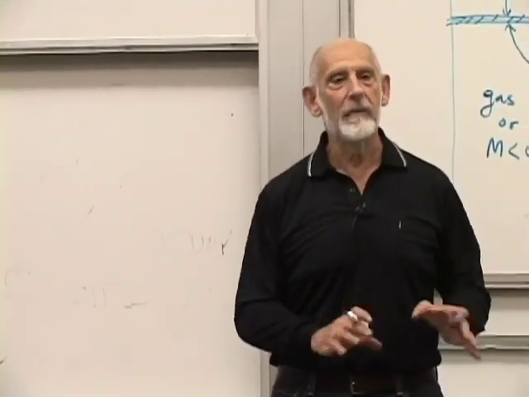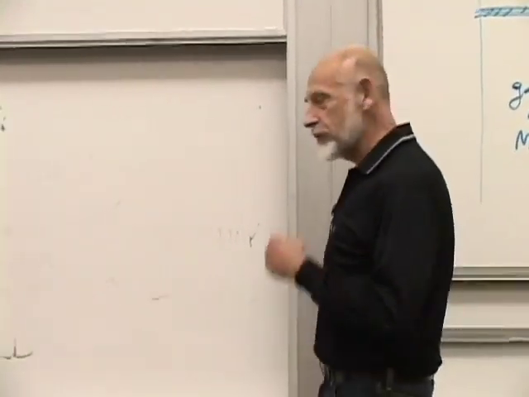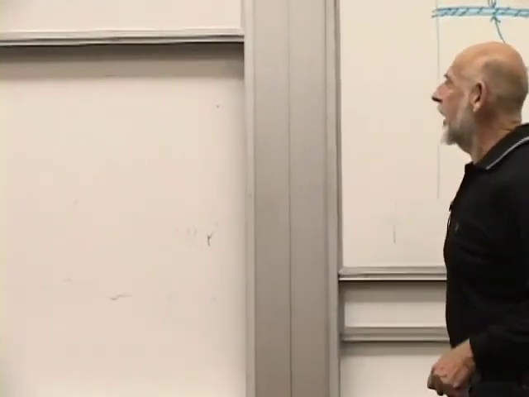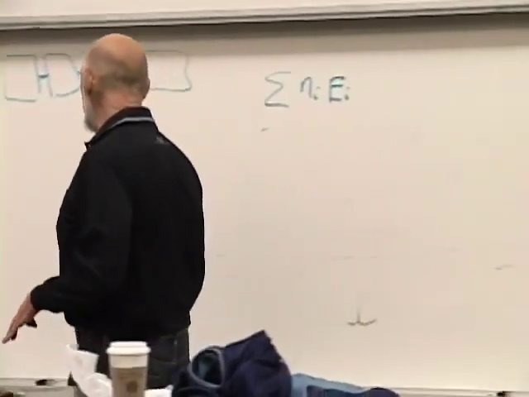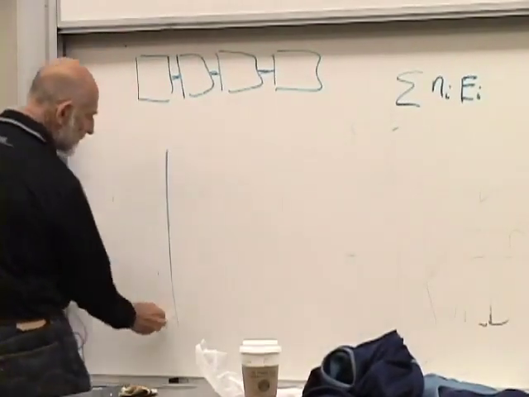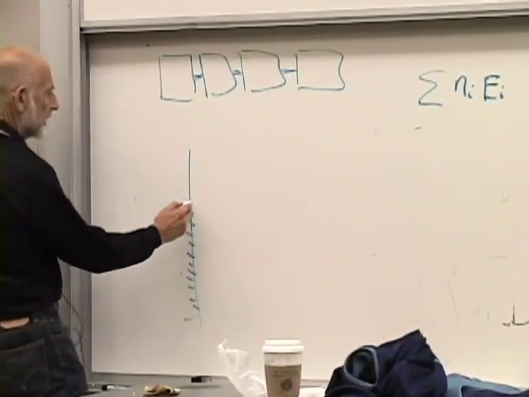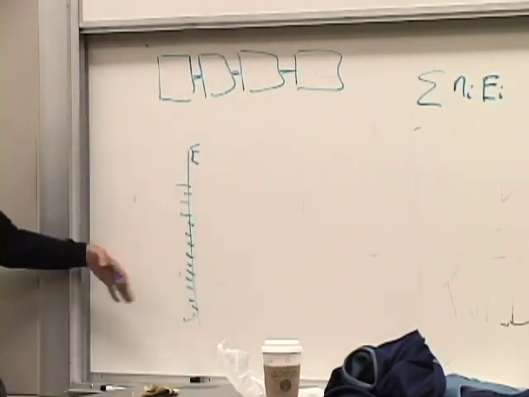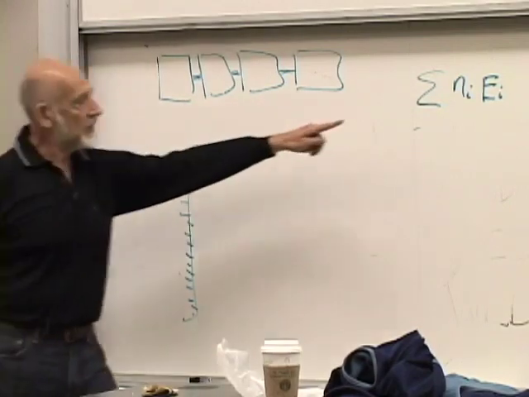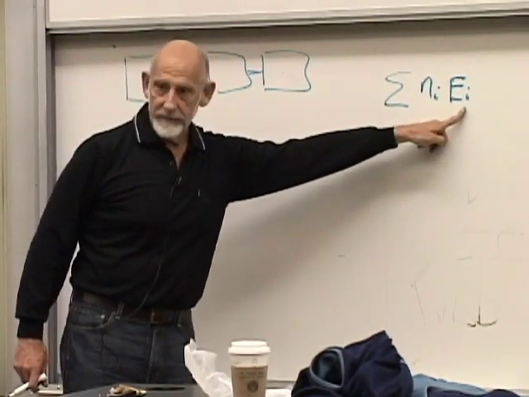Okay, I'll remind you because you probably have forgotten by now, so have I. What n sub i and E sub i were: each box can be in any one of a whole bunch of states. Here are all the states, here's the first state, the second state, the third state, the fourth state, and so forth. The states are labeled by i.